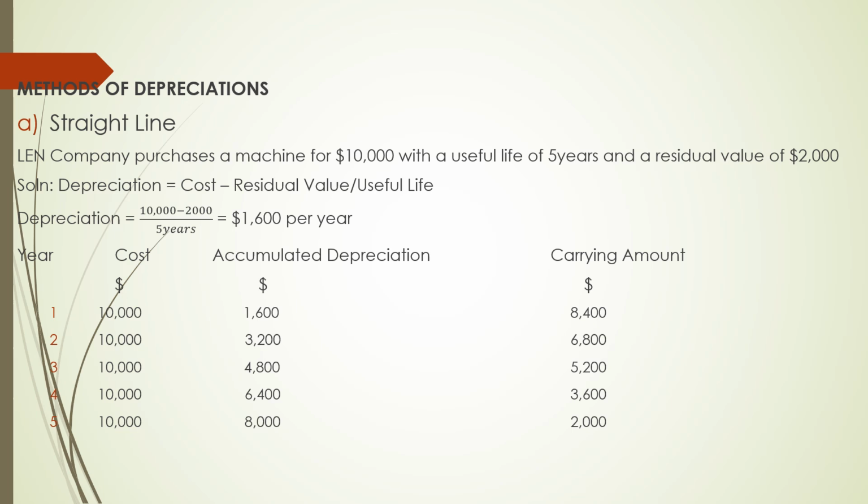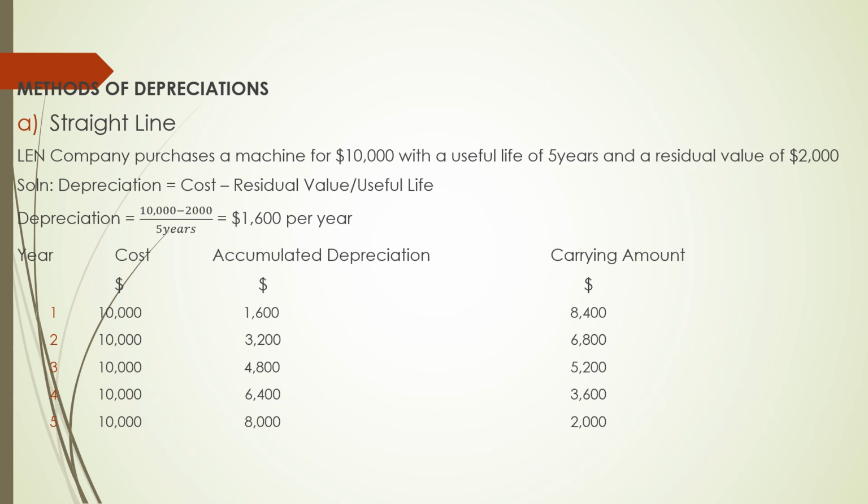So LEN company purchased a machine for $10,000 with a useful life of 5 years and a residual value of $2,000. We said the last time that depreciation is equal to cost minus residual value over the useful life of the asset.